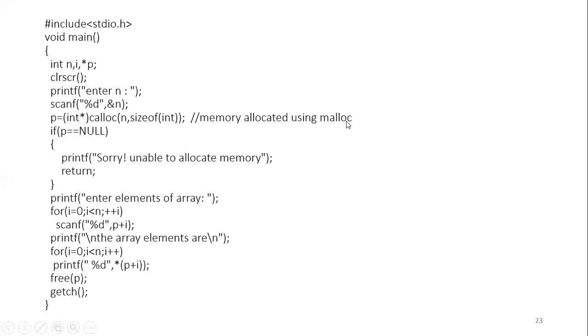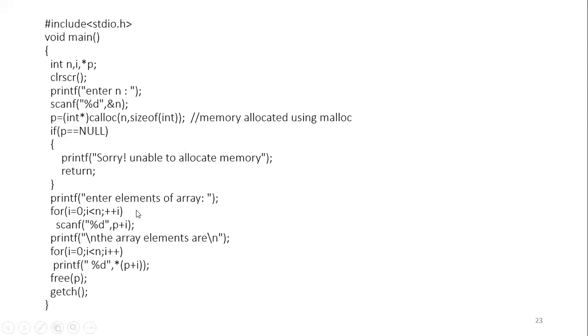Then, if p is equal to null, this is not malloc, this is calloc. If p is null, that means the memory is not available, and the calloc function returns null. We print "Sorry, unable to allocate the memory", and return means terminate the program execution. If calloc returns a valid memory address, that means the memory is available in the heap.